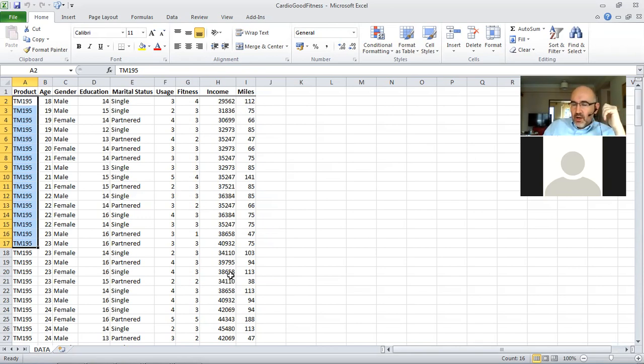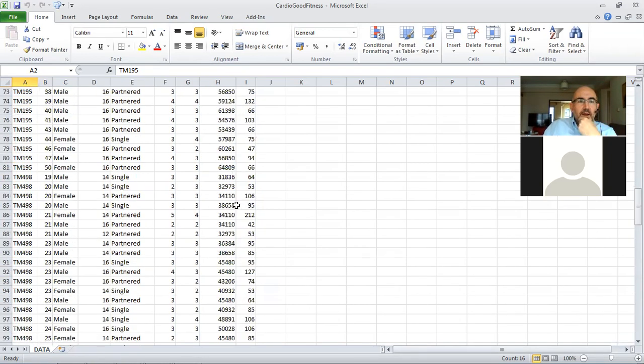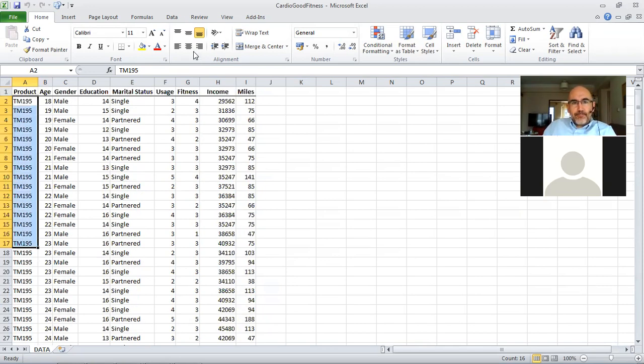So for the sake of constructing an independent sample t-test, let's try to compare the miles they run, this variable, on the less advanced machine and the most advanced one, 798 compared to 195.